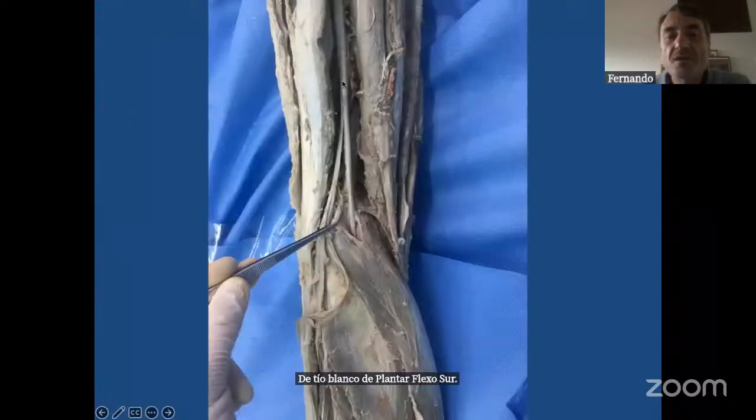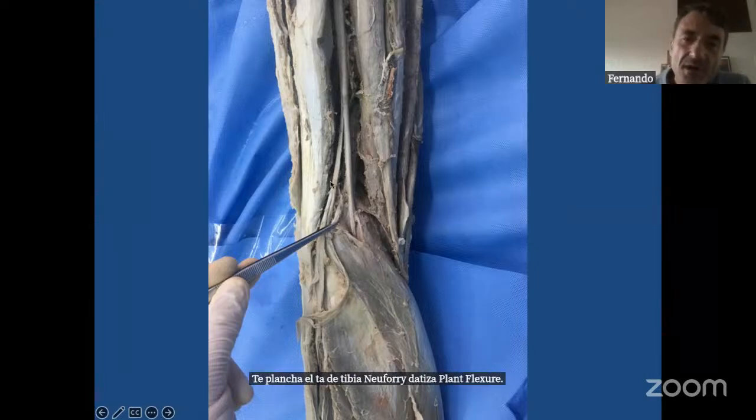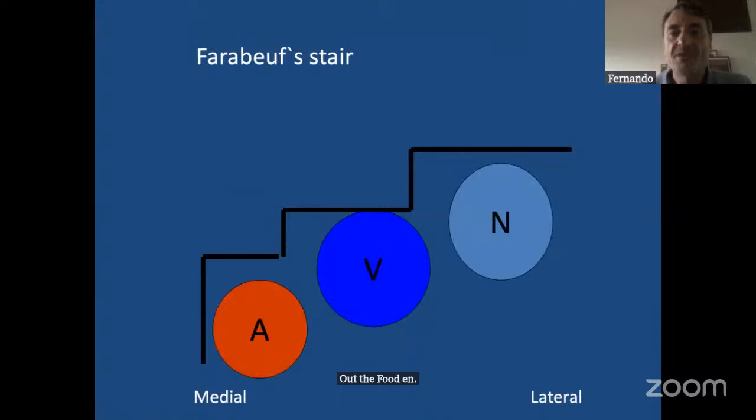We can see here the end of the nerve in the two terminal branches, the tibial nerve, that is a plantar flexor, and the peroneal nerve, that is a dorsal flexor of the foot.